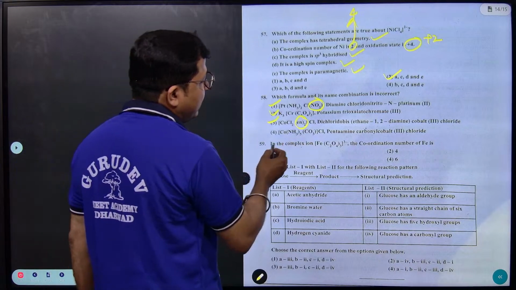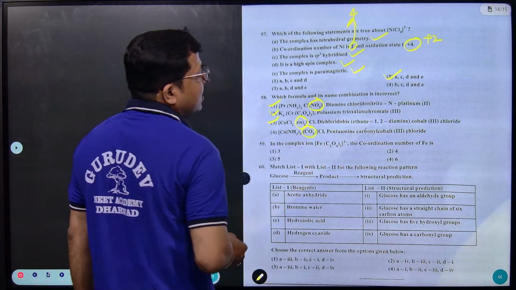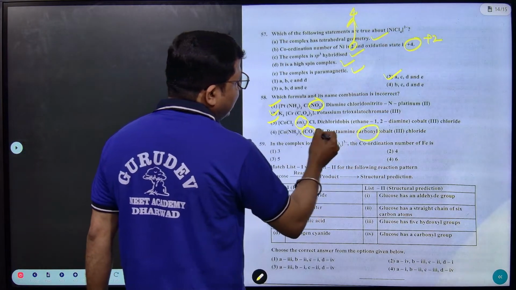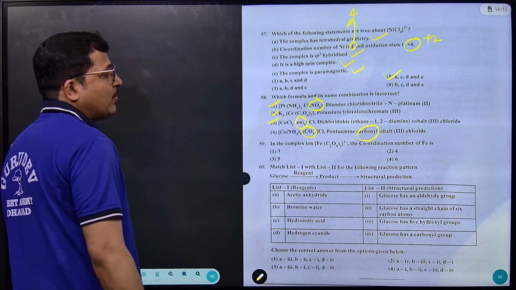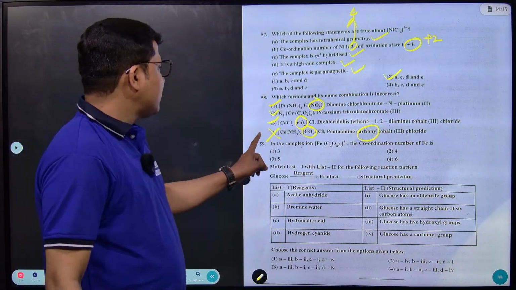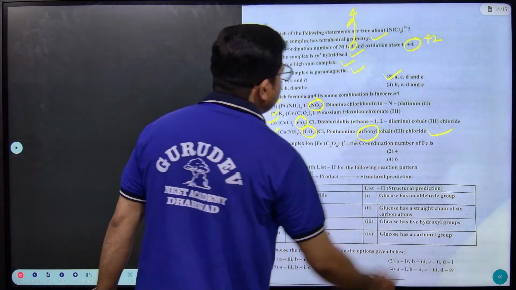And here pentaammine carbonyl they have given, but in the complex they have given carbonato, hence this is the wrong and incorrect one, hence option number 4 is the correct option.